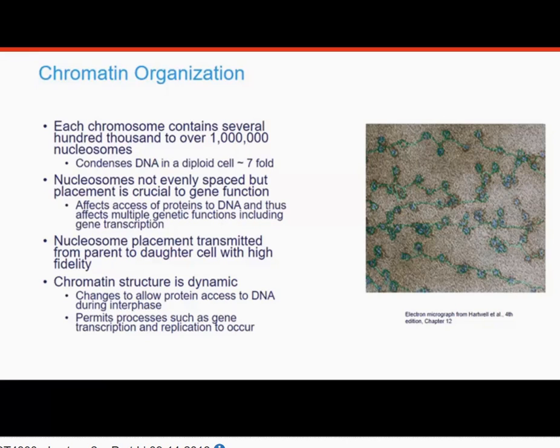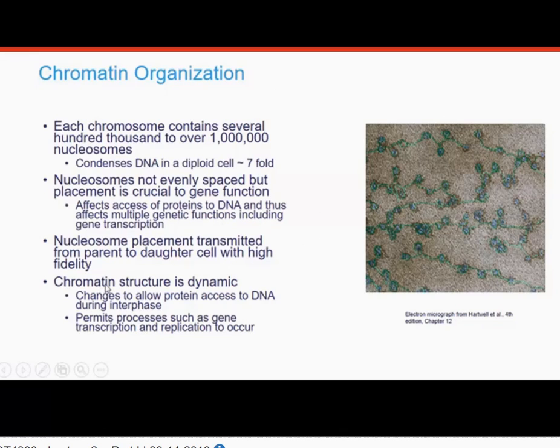So it affects the access of the proteins to DNA, and thus it affects gene expression, transcription, all the functions that a gene has to do. The nucleosome placement is also transmitted with a high fidelity through mitosis or meiosis, so from the parent cell to the daughter cell.